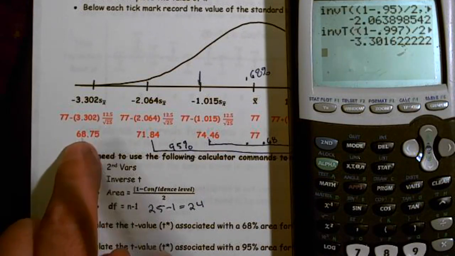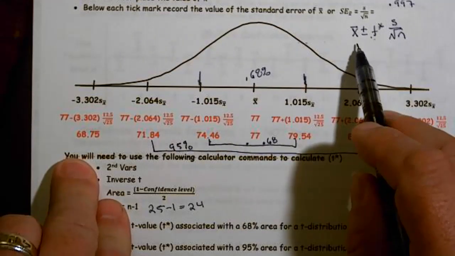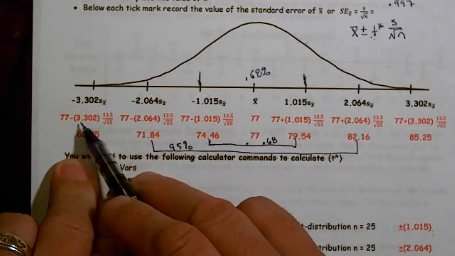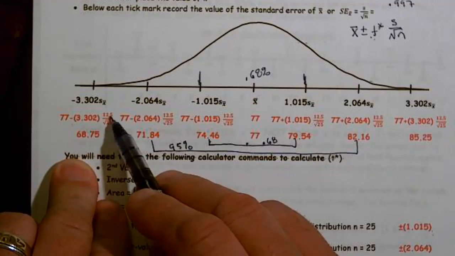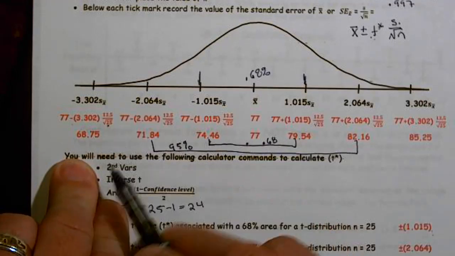All right. And notice I have basically my formula. My x bar was 77 minus 3.302 times the standard deviation of my sample divided by the square root of n.